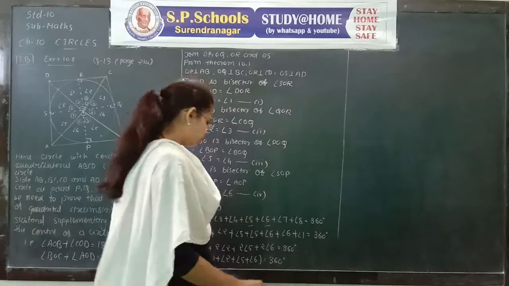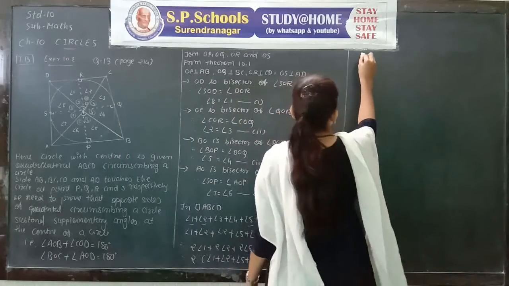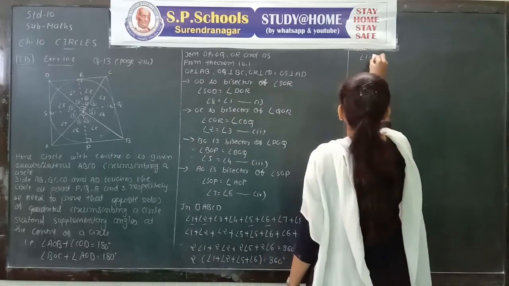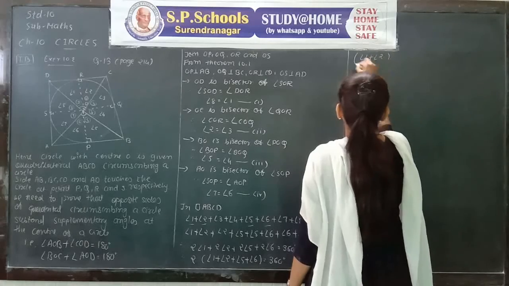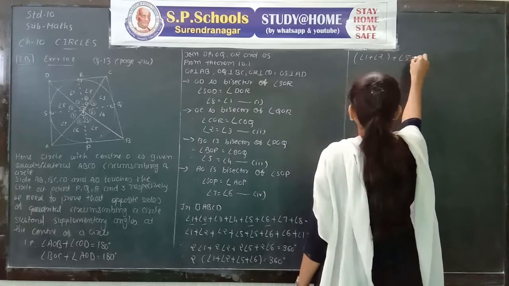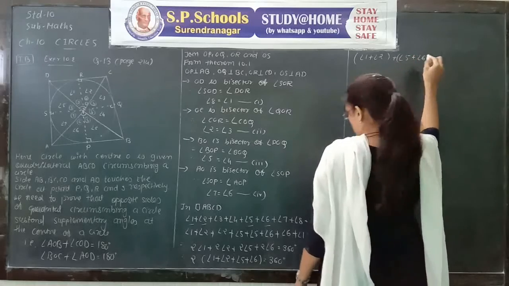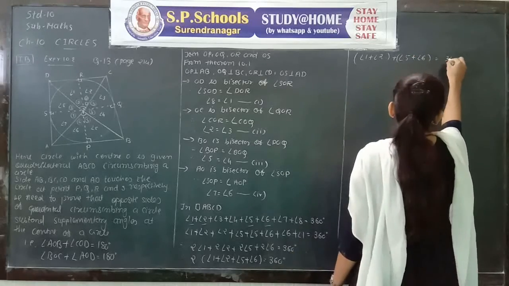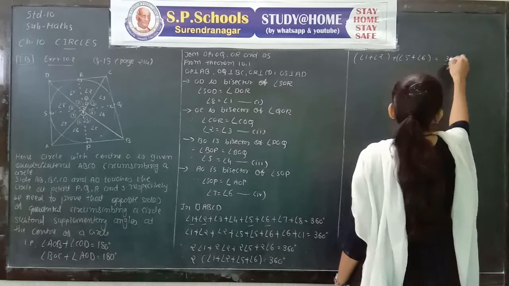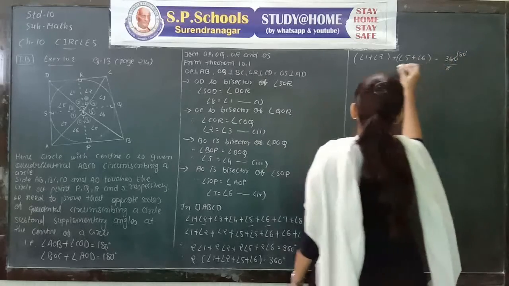Shift 2 to the denominator of 360. Angle 1 plus angle 2 in a bracket and angle 5 plus angle 6 in a bracket is equal to 360 upon 2, which is 180.